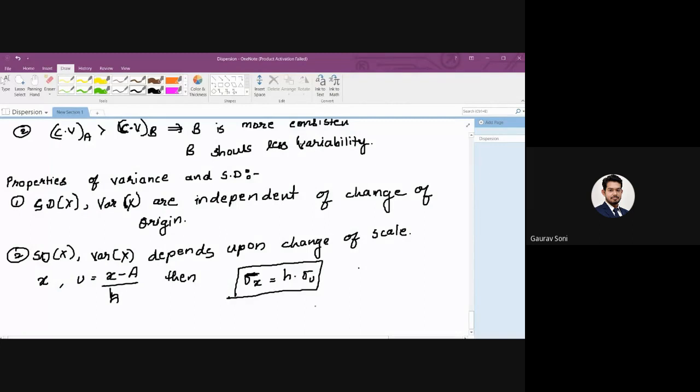Can anyone elaborate what is sigma u? Sakshi, what is sigma u? Am I audible?